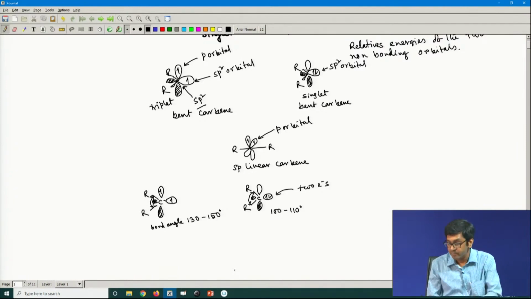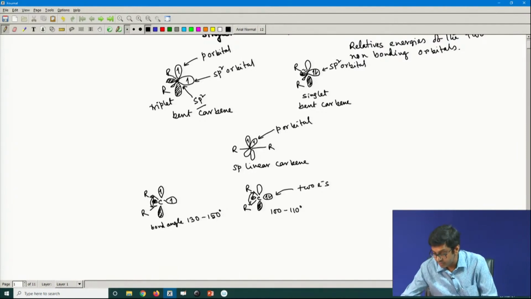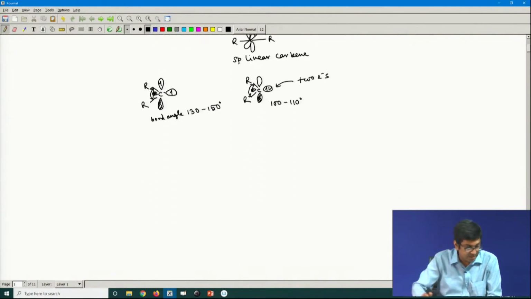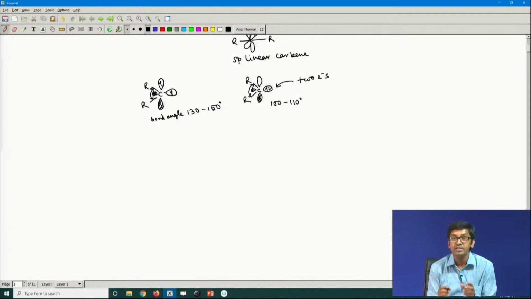And now, if you see their MO structure, as one of the students asked in the forum about their MO. So, we know that the triplet state is lower in energy than the singlet state. Okay. The triplet state is lower in energy, because the electron repulsion energy exists between these two electrons in a single orbital.